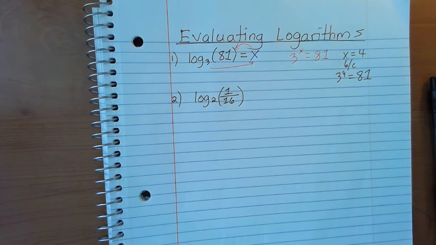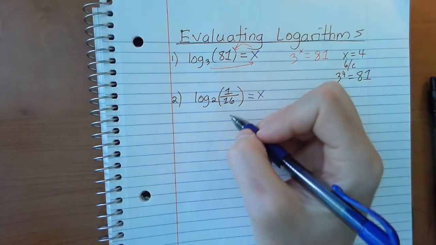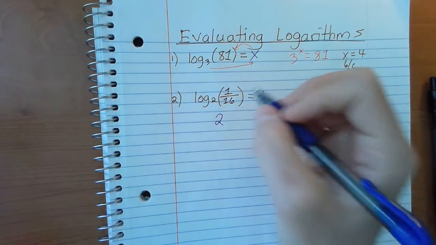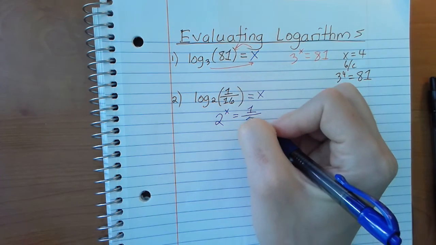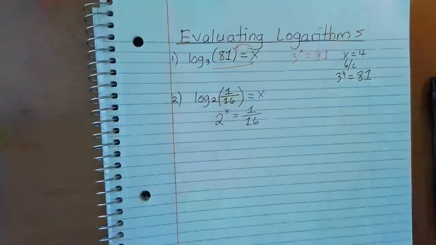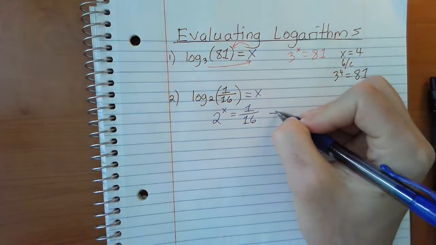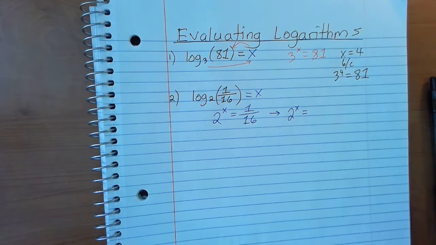This next problem takes one step up in difficulty, and we want to set it equal to x first, then convert it. 2 is the base, x is the exponent, 1 over 16 is equal to it. Some of you might just know the answer by looking at that, but let's say you didn't. A way you can think about it is 2 to the x is staying the same, but I want a common base.